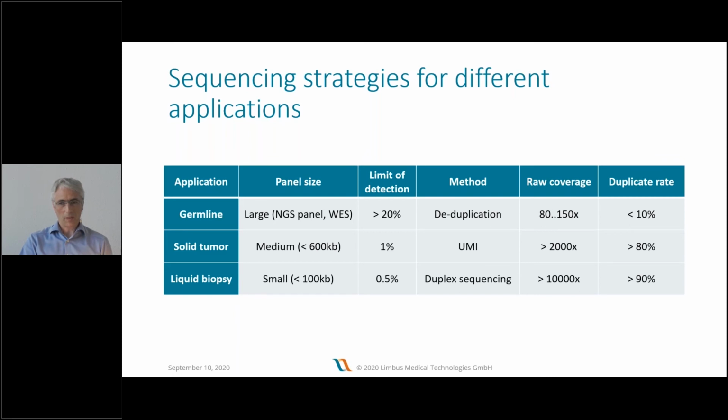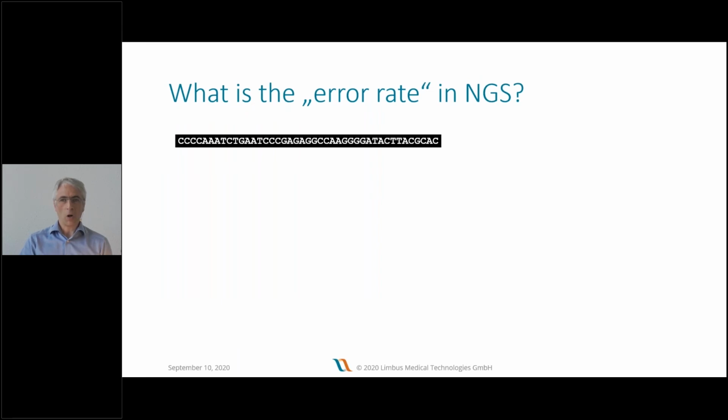So it seems clear that it becomes increasingly difficult to go to a lower limit of detection, and let me quickly explain why that is. There's difficulty in detecting low or rare events in somatic or liquid biopsy samples using NGS. And the reason for that is that there is noise in next generation sequencing. We talk about an error rate in our NGS data. With the error rate, we typically refer to the base calling error rate.